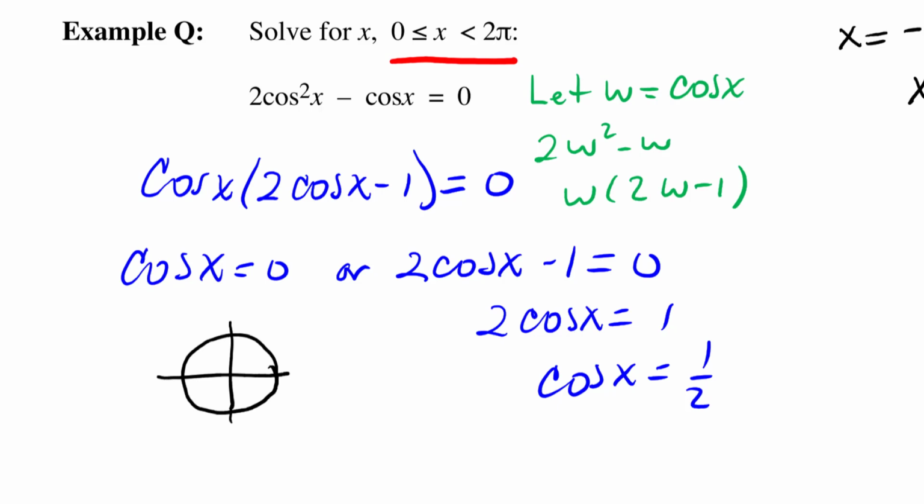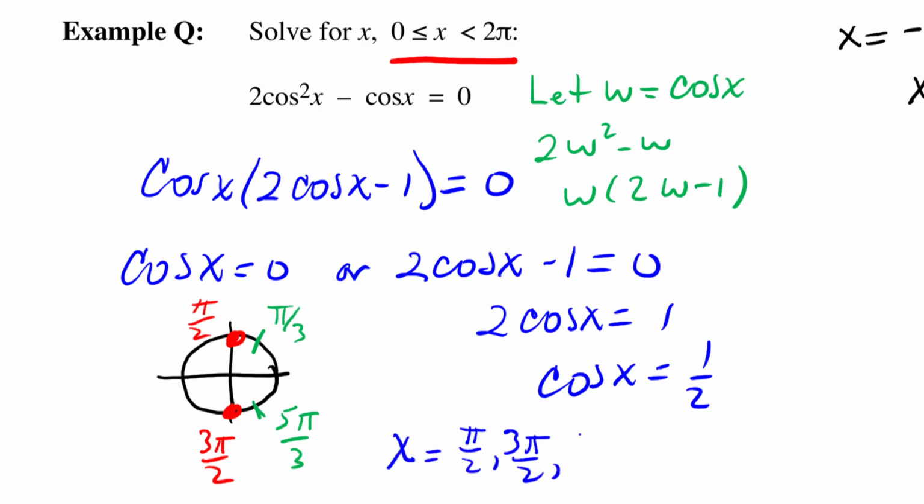First, cosine x is equal to 0 along the y-axis at pi over 2 and at 3 pi over 2. The cosine of x is 1/2 in quadrant 1 at pi over 3 and in quadrant 4 at 5 pi over 3. So we have 4 solutions, and we'll write them all down here.